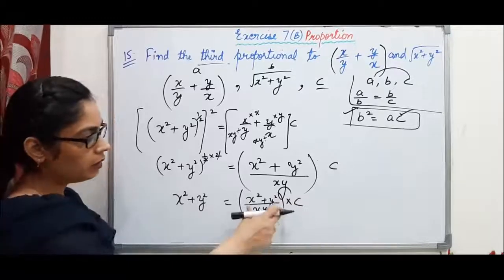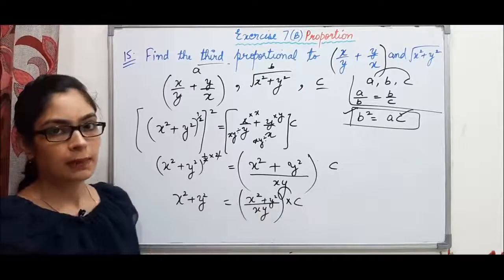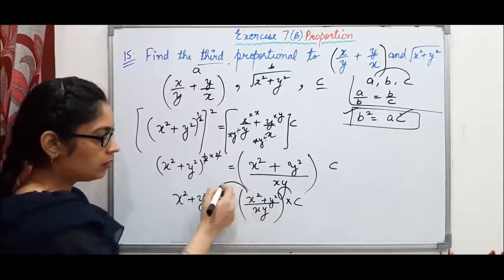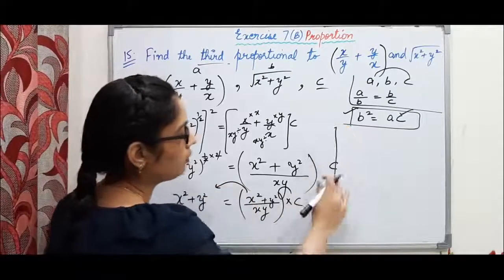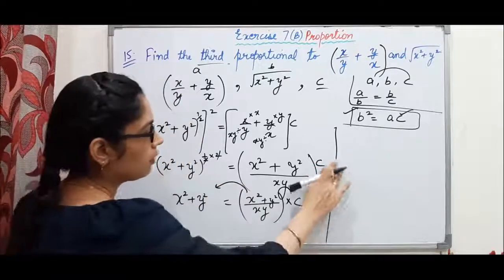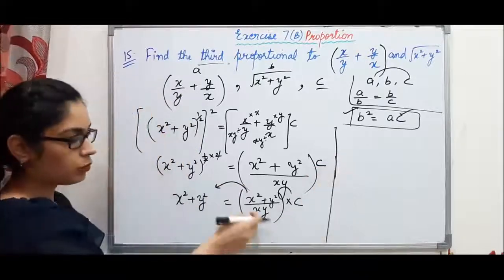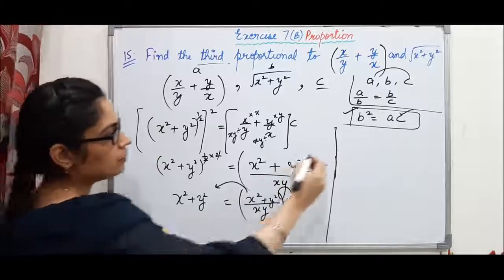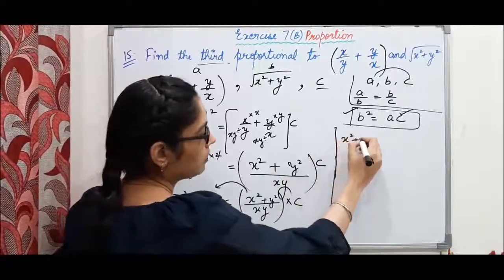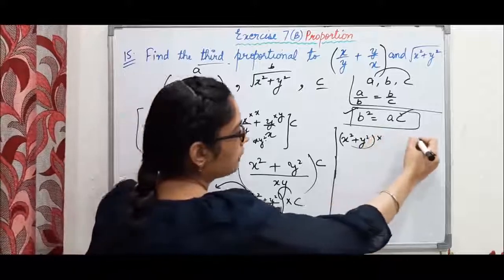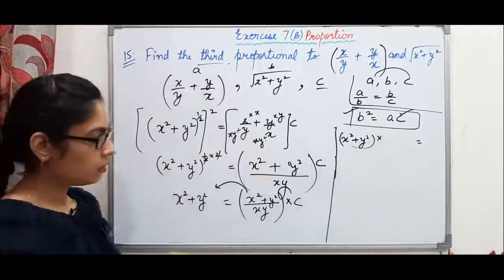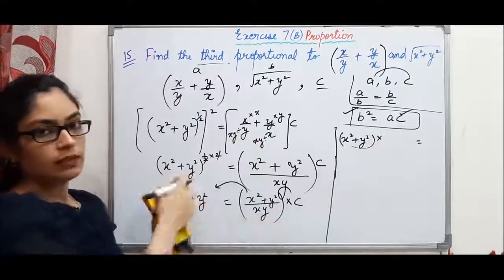Whenever a fraction is in multiplicative form, we can shift the fraction to the other side in the form of multiplication only, but we have to take its reciprocal.